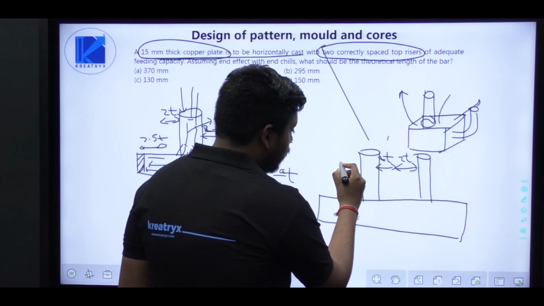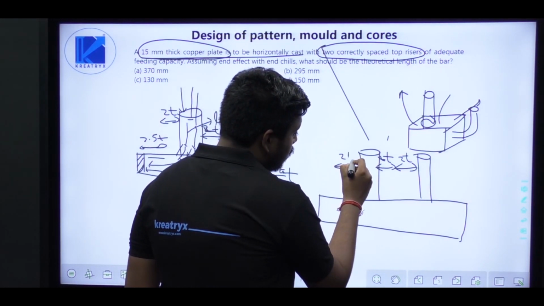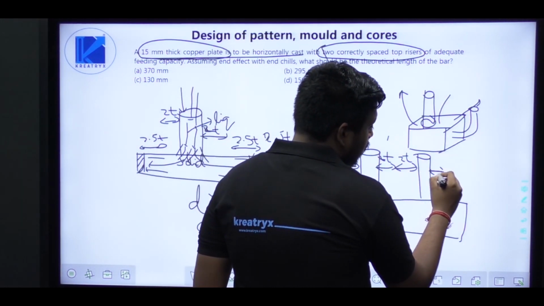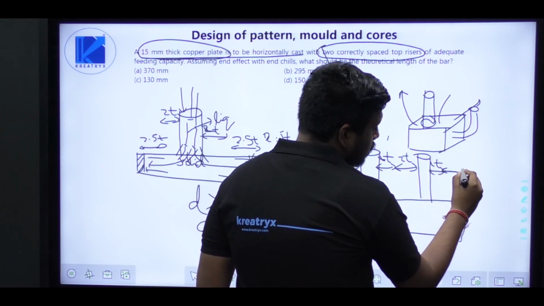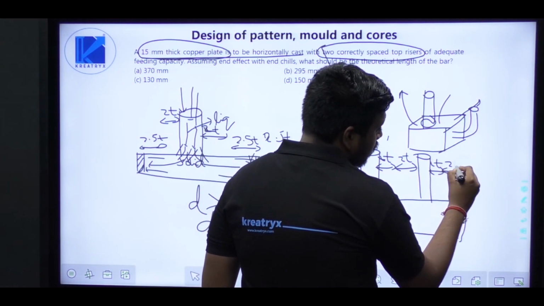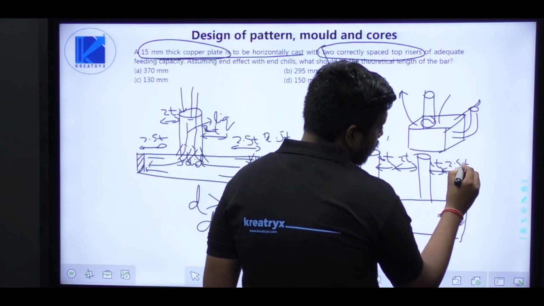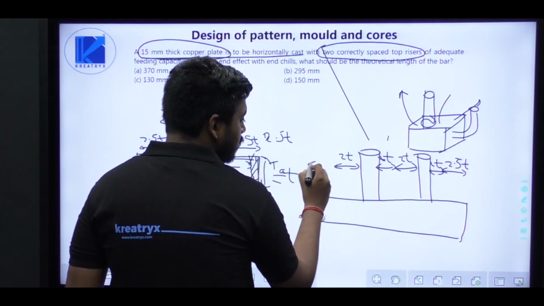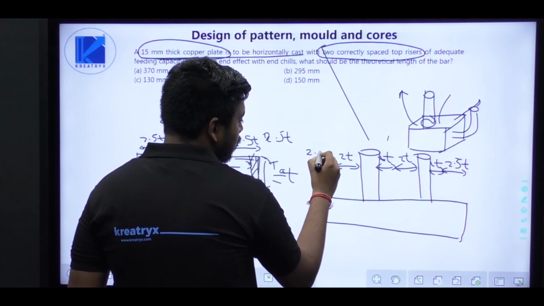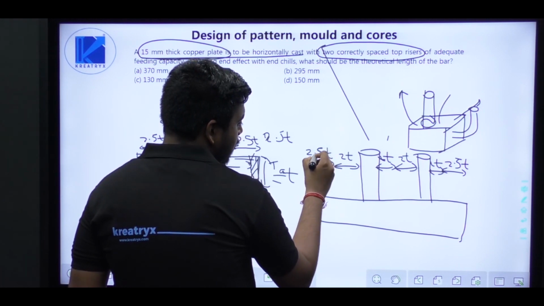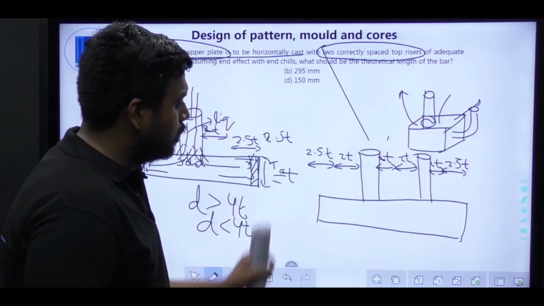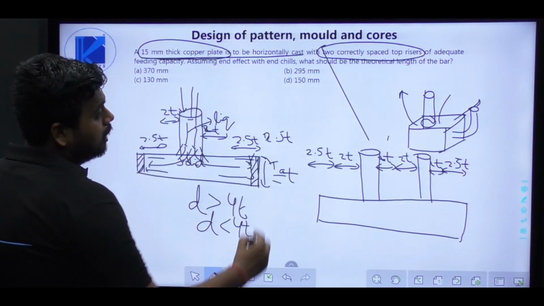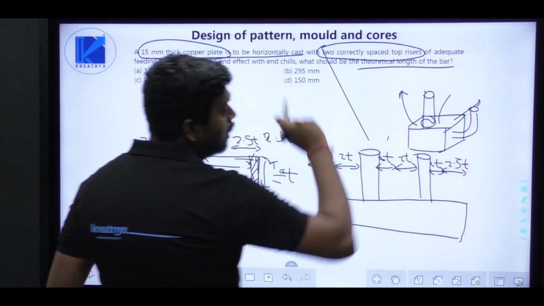So on this side also it is 2T, this is again 2T, this is 2.5T, and here this is 2.5T. If you look at the length, they have asked for the theoretical length of the bar.